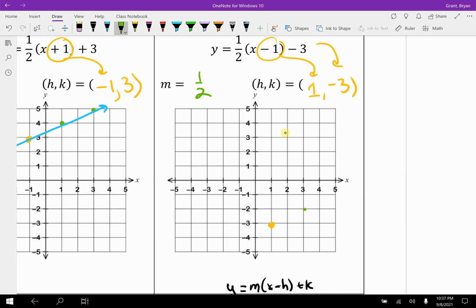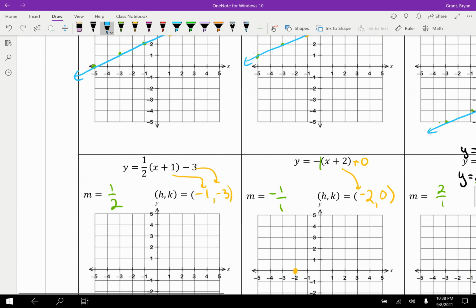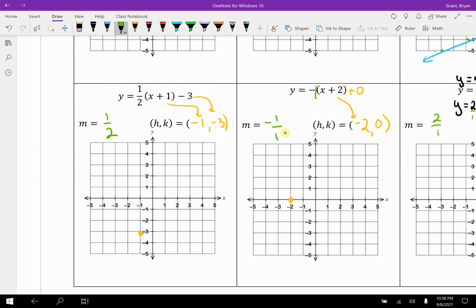Up 1 over 2, practicing those slopes, like so. And we graph. Fourth one, up 1 over 2. And the graph.